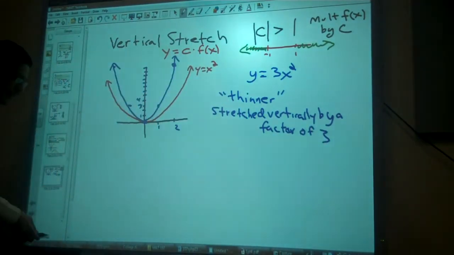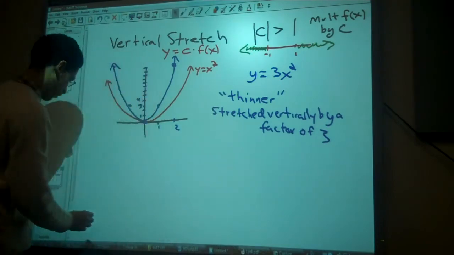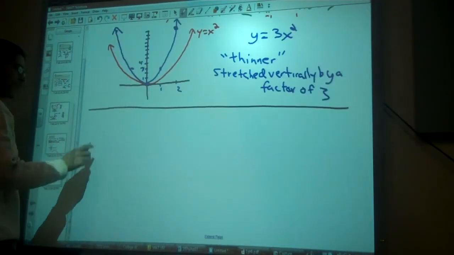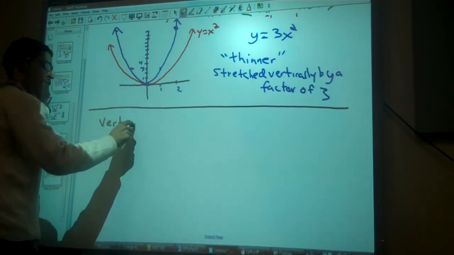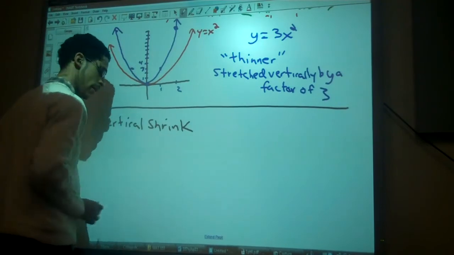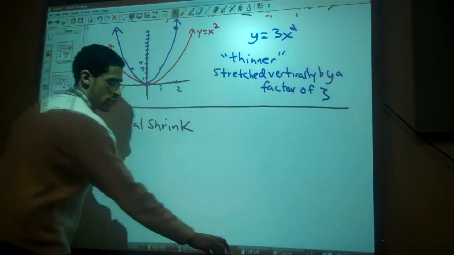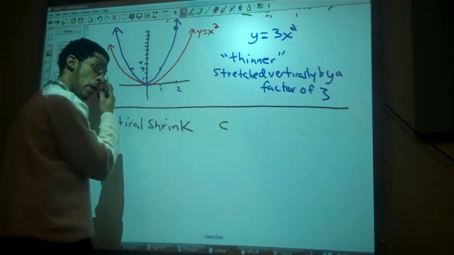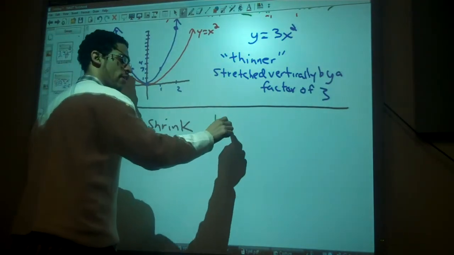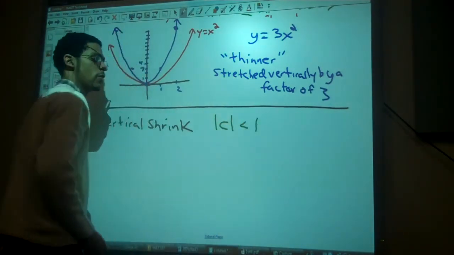Okay. And then the other one is a shrink. In order to accomplish that, you take a number C, but this time, though, you make it less than 1 in absolute value.